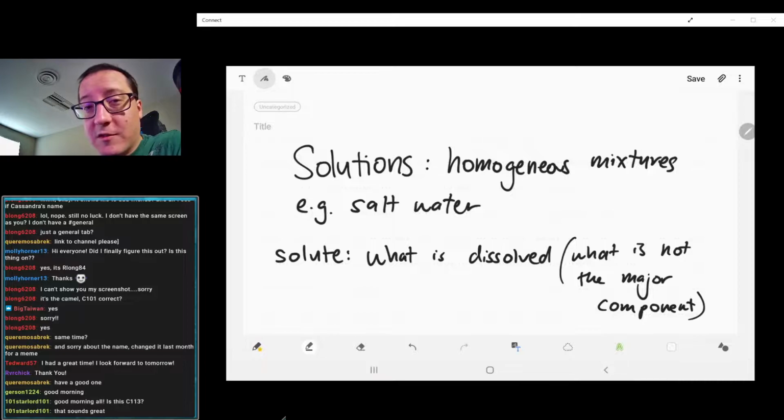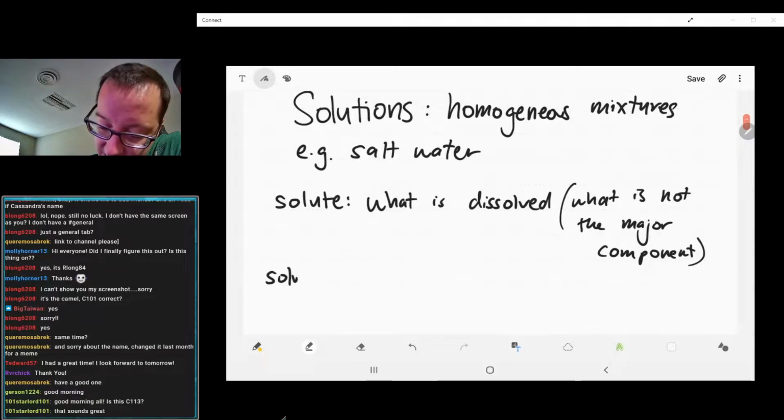For example, in our salt water, the salt is the solute because it's being dissolved, but it's also the part that is not the major component. Salt water is mostly water, right? With some salt. So water is our major component there, and salt is not. So salt is going to be the solute.